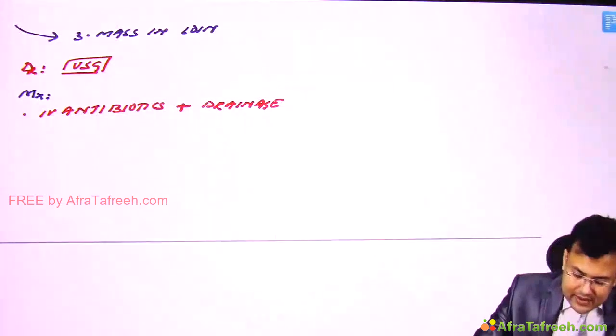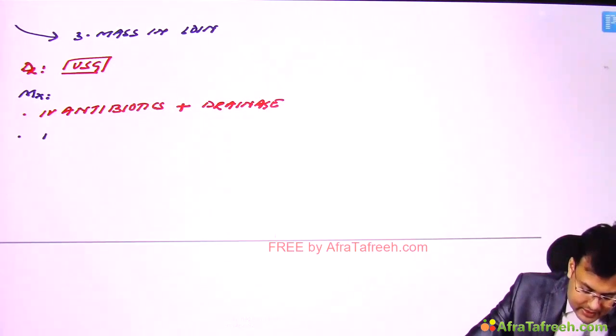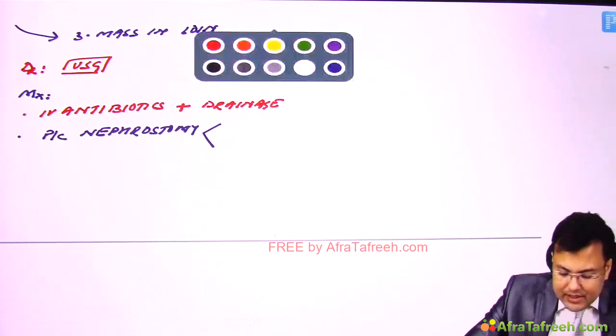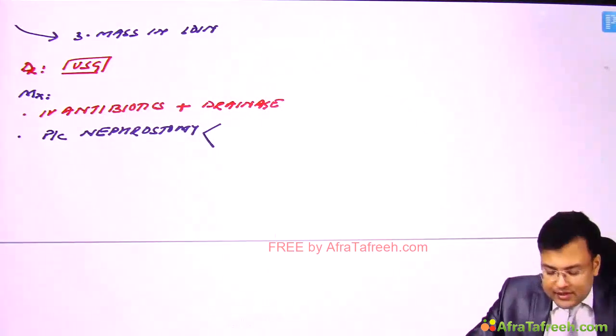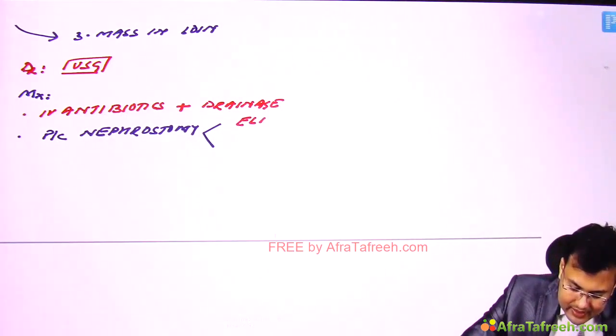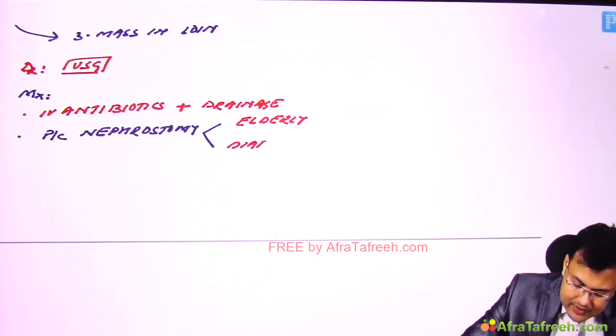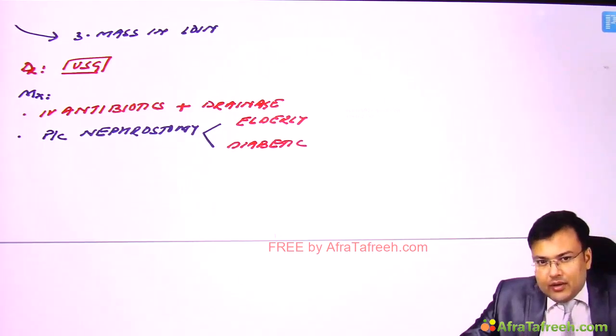So we have a second option which is frequently asked in exams, percutaneous nephrostomy, especially in unstable patients. And which patients? The patients who are not immediately fit for surgery, like elderly and diabetic patients. Okay, so percutaneous nephrostomy. Why?